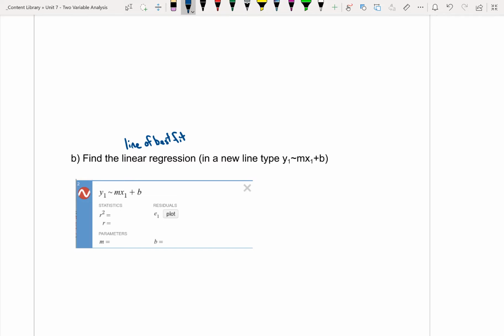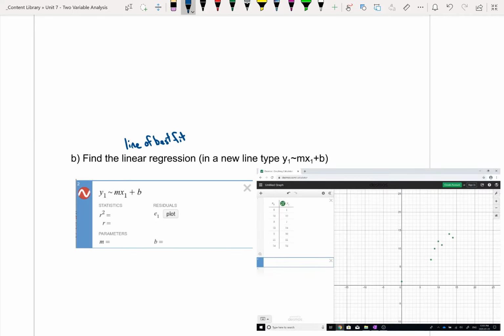And when you enter it into a new line, you should see something similar to this in this box here, and it gives you all the values. So your y1 approximate mx1 plus b, and it gives you statistics of your r, which you should have is 0.963.